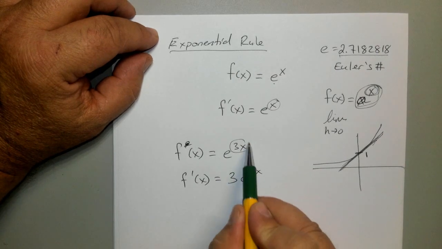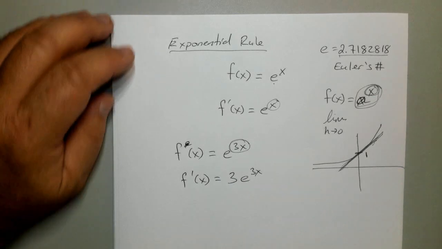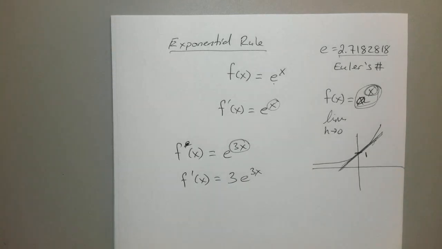We'd have to take a derivative of the exponent. But that is coming up when we do chain rules and combinations of those. Do we have any examples for that one?